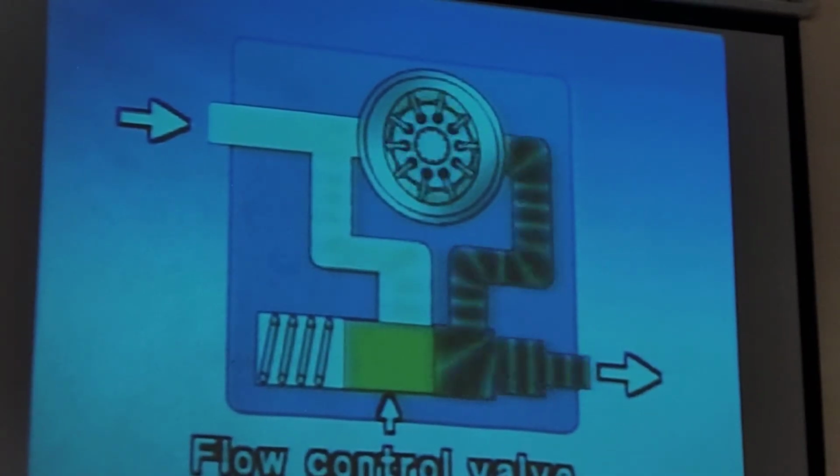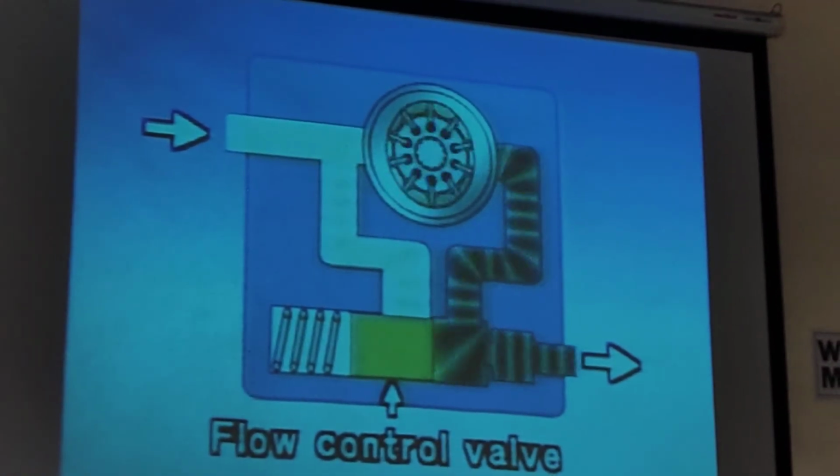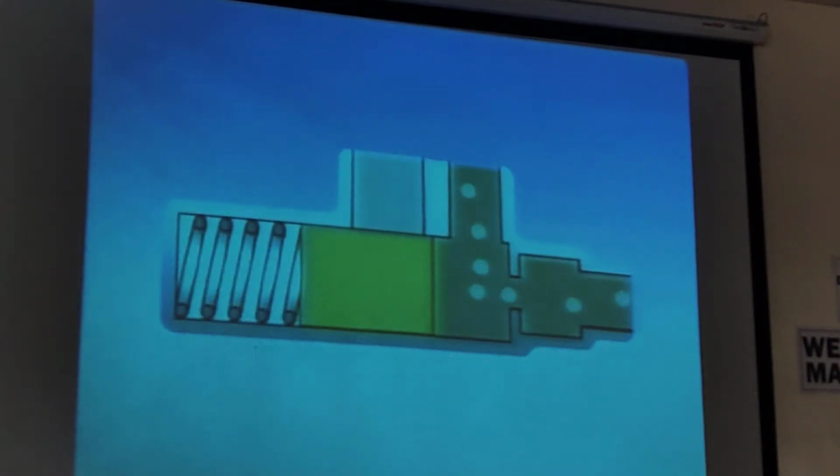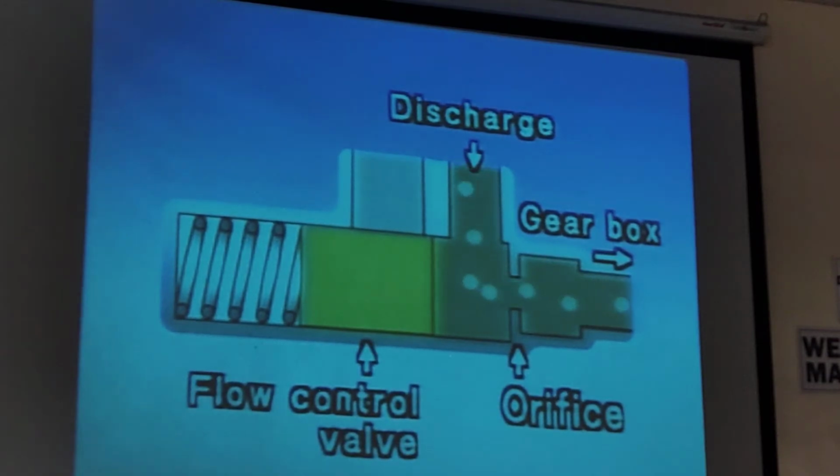Now, let's take a look at the operation of the flow control valve. First, we'll see its operation at low RPM when the steering angle is constant. The fluid from the discharge side of the pump is sent out directly to the steering gearbox through a small opening called the orifice.